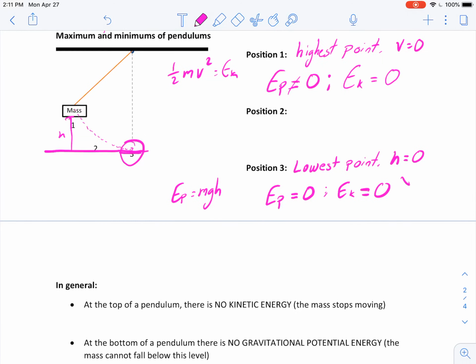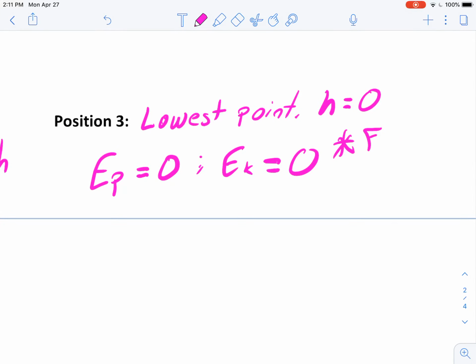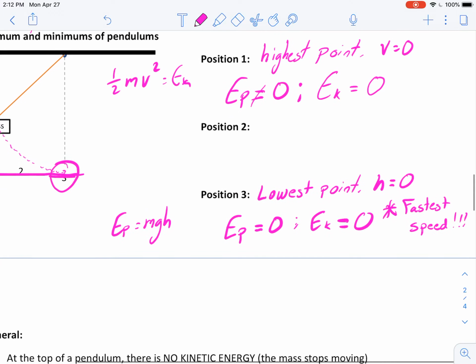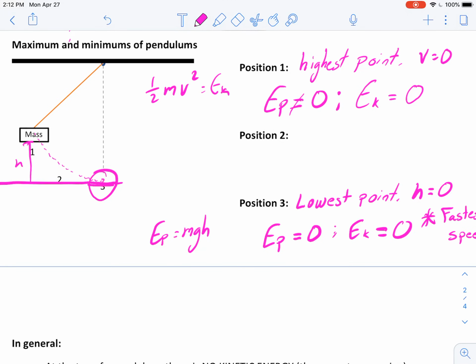This is where the pendulum moves the fastest, because at this point, all that potential energy up here has been converted into kinetic energy, and it's 100% kinetic energy at the bottom, meaning V is the maximum amount.